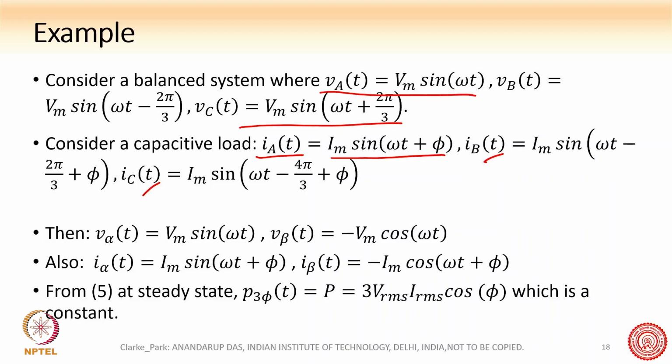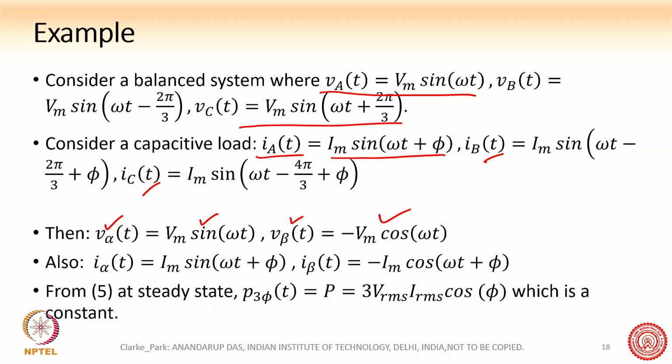How will I find out the active power? Then V alpha of t is Vm sin omega t and V beta is minus Vm cos omega t.